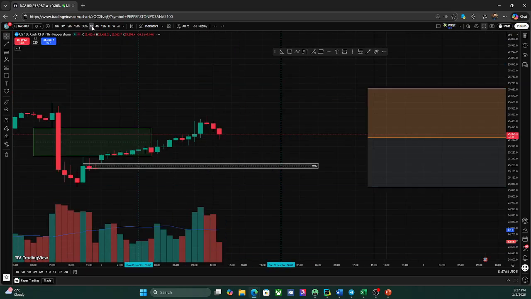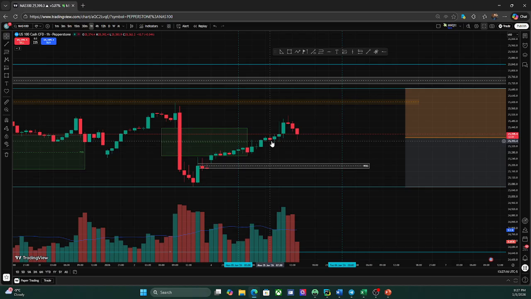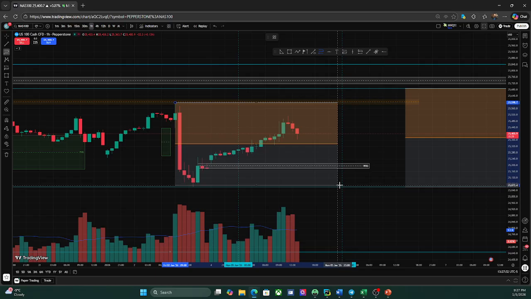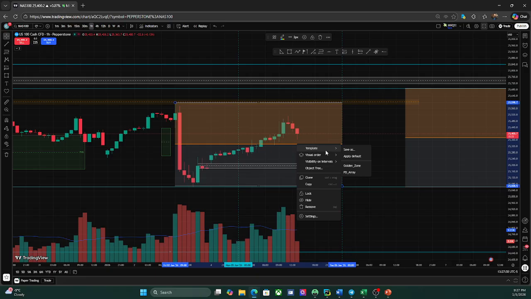Let's move into the 1 hour to check what was happening. Okay, so we already have this fair value gap in the 4 hour. We notice this powerful downtrend, right? And if we draw this Fibonacci, right?